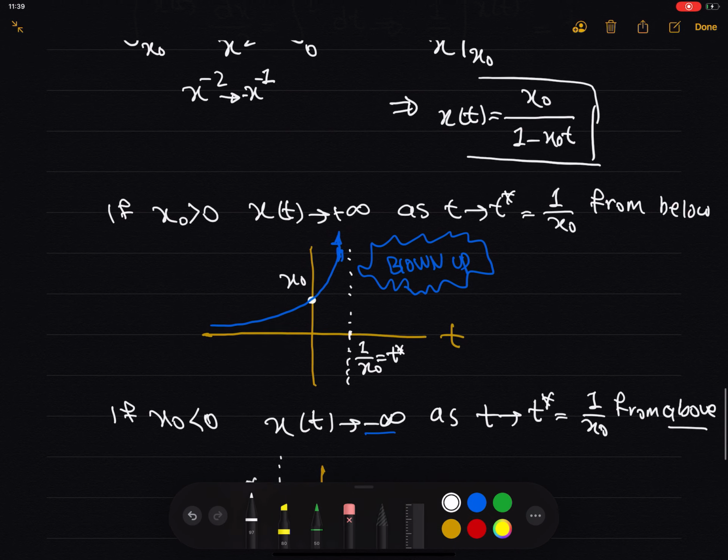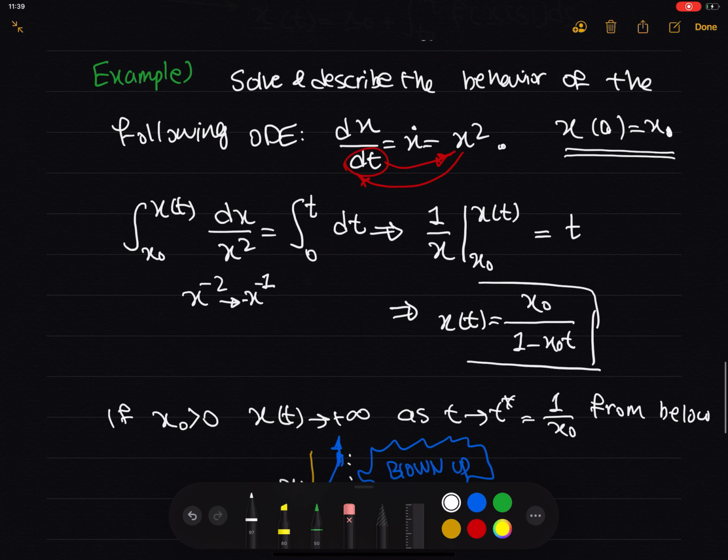Okay, so this is the behavior of this ODE, and how we can easily solve it by just taking an integral. But of course there can be more difficult ODEs and nonlinear ODEs which need other methods for solving them.